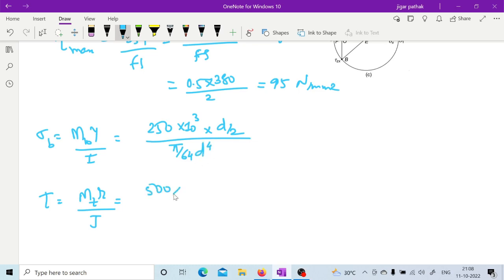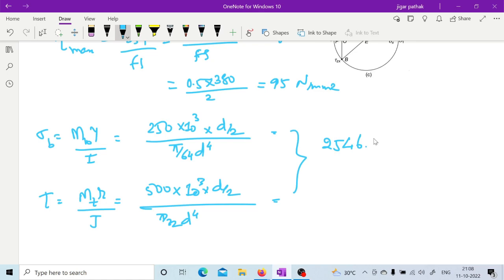For tau it is 500 into 10 raised to 3 into d by 2 divided by pi by 32 d raised to 4. Both come almost the same, because the data is almost the same. So this is 2546.48 into 10 raised to 3 divided by d cube, in Newton per mm square.